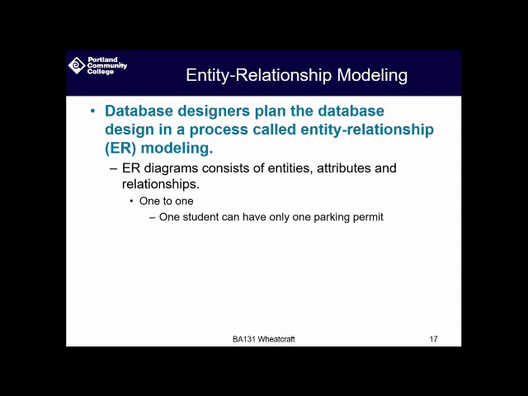For example, you can have one-to-one, so one student can have one parking permit. You can have one-to-many. An instructor can have multiple classes, but each class only has one instructor normally, although there are a few classes that have two instructors doing team teaching.